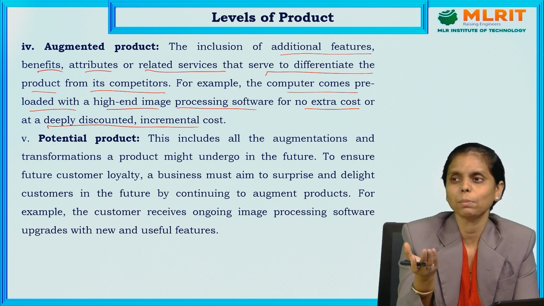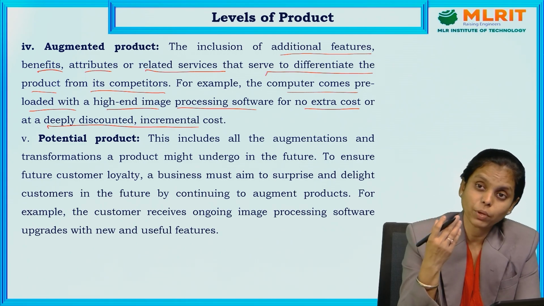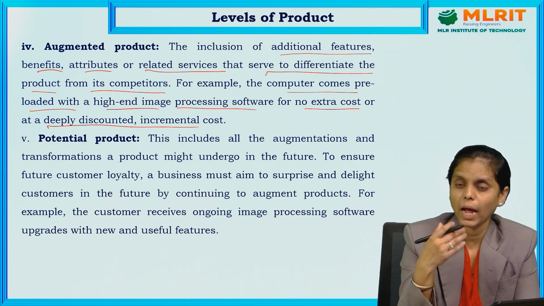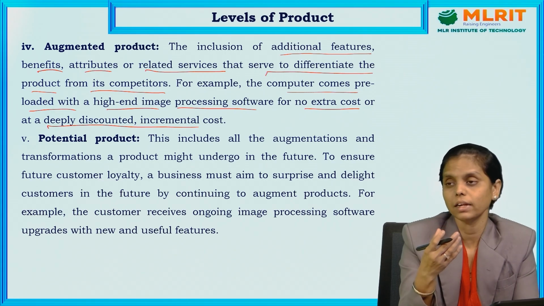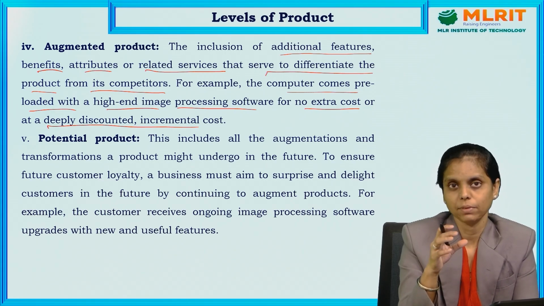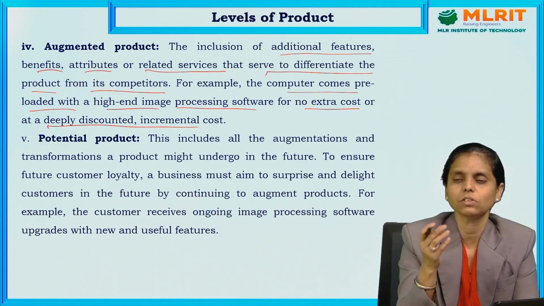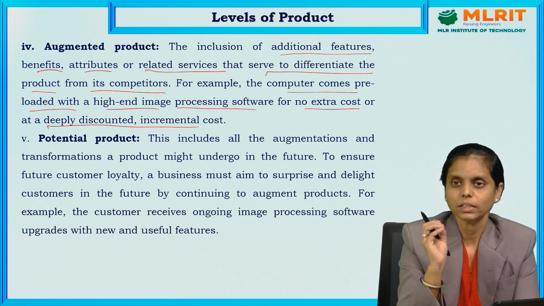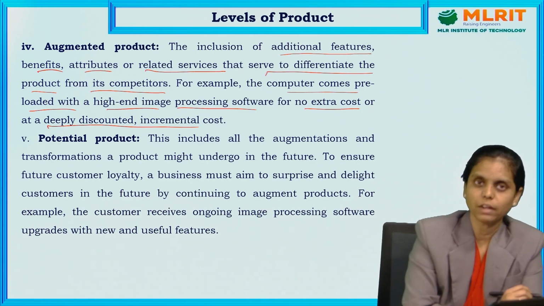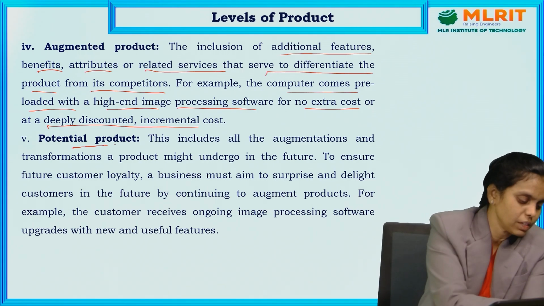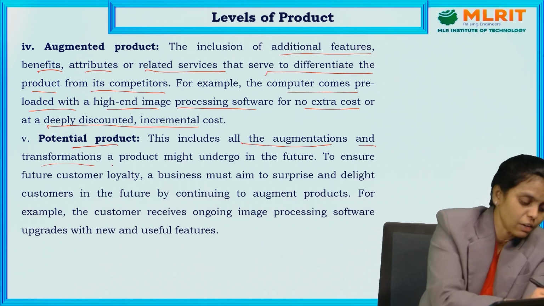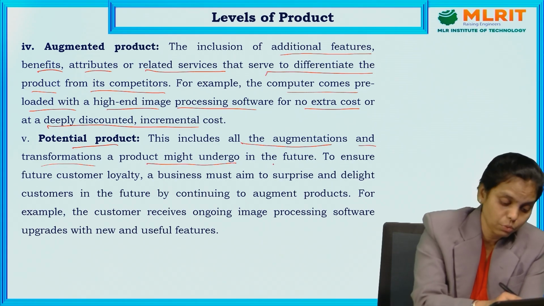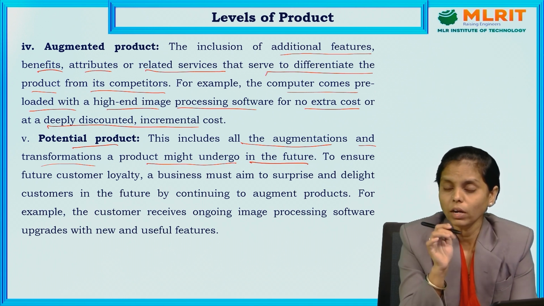Even when purchasing a mobile, previously we installed every app we required. But nowadays mobiles come with predefined apps already present, and we just log in to access our things. That is the augmented level product. Coming to the next one, potential. This includes all the augmentations and transformations the product might undergo in future, not at present.